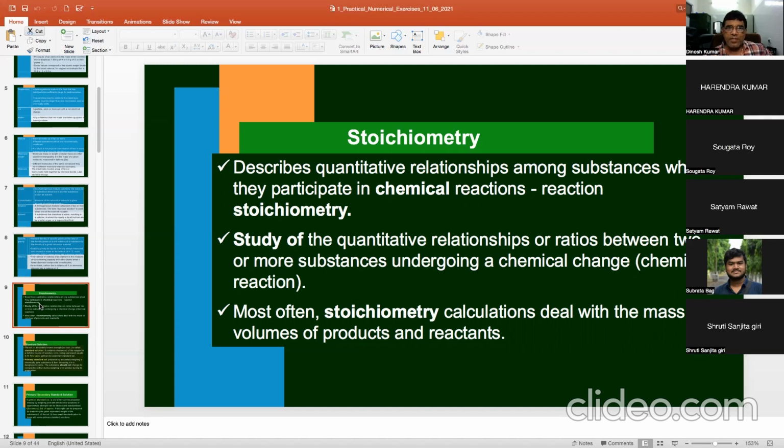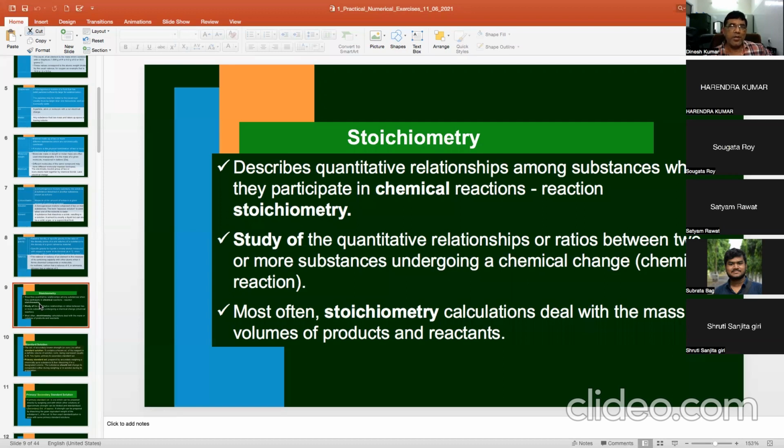Another definition of stoichiometry is the study of the quantitative relationship or ratios between two or more substances undergoing a chemical change or chemical reaction. Most often, stoichiometry calculations deal with the mass or volume of products and their reactants.